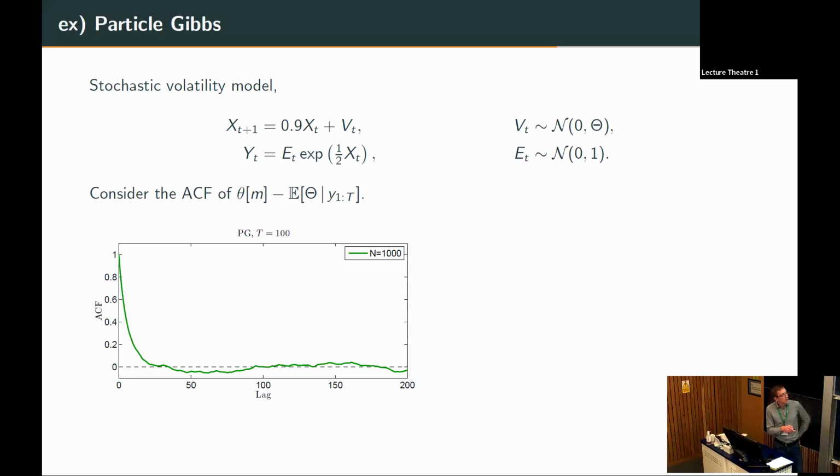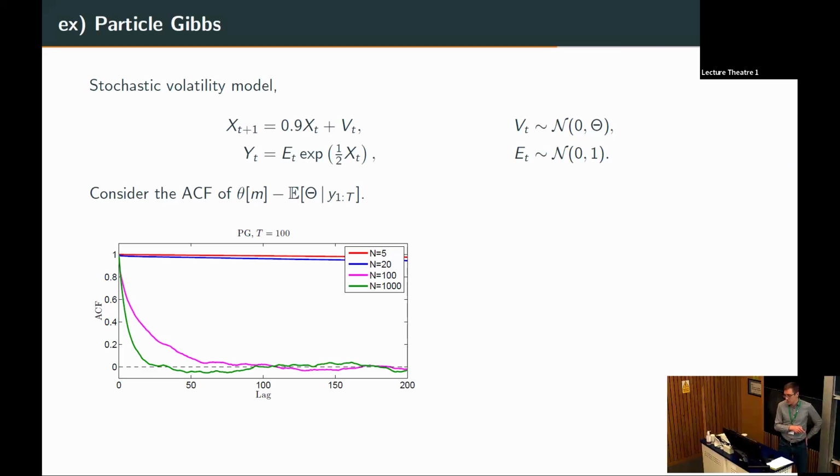I run this particle Gibbs algorithm with 1,000 particles in the particle Gibbs kernel, and I do this to infer this unknown variance here, alternating between the parameter and X and so on. Then we get an autocorrelation function which looks like this. If you remember from before, I said if this drops to 0, then we're happy. This seems to work quite well, but we have quite many particles as well: 1,000 particles, 100 time steps. If I reduce the number of particles to 100, there is still an increase in the autocorrelation function here.